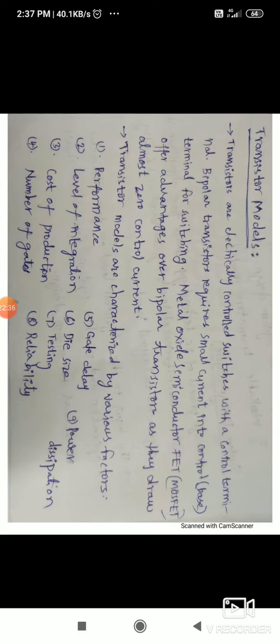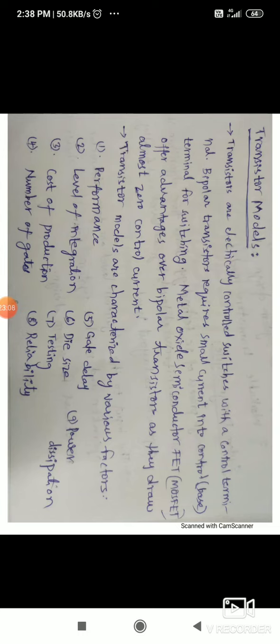Next one is transistor models. Here, transistors are electrically controlled switches with a control terminal. Bipolar transistors require a small current into the control terminal for switching, whereas MOSFETs offer advantages over bipolar transistors as they draw almost zero control current.